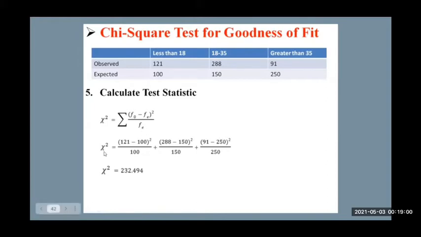So we have plotted it here. X squared equals 121 minus 100 squared, plus 288 minus 150 squared, plus 91 minus 250 squared, all over 100, over 150, and over 250. So this will end up with a total of 232.494.